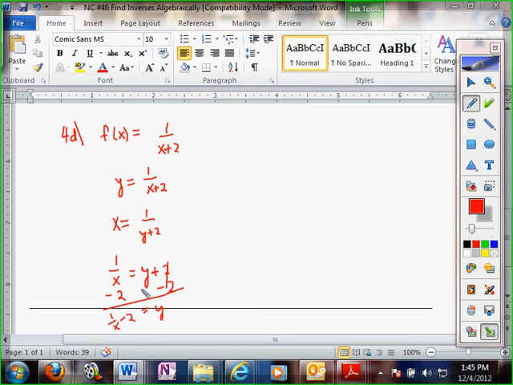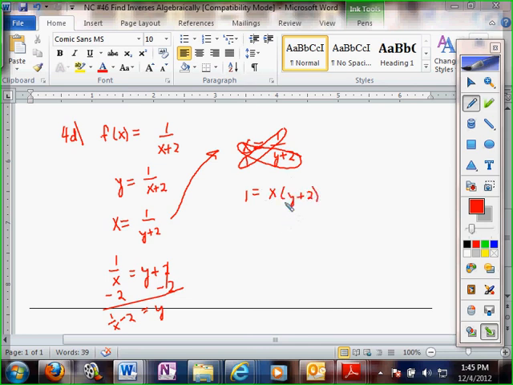For those of you that are not comfortable with that method, starting over, if I have x equals 1 over y plus 2, some of you probably see it a little bit easier, or maybe you're just more comfortable with it, make this side a fraction, cross multiply. 1 times 1 is 1, equals x times y plus 2.